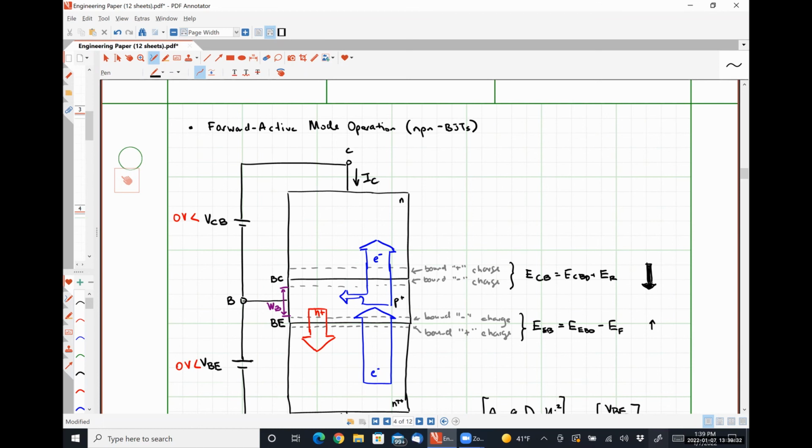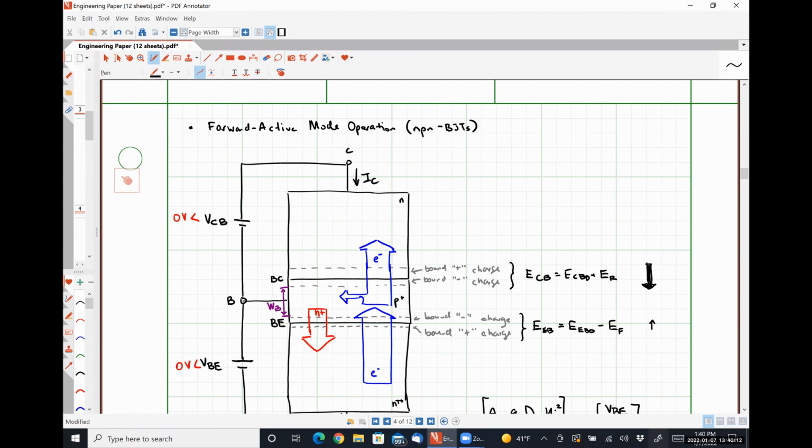So we have the positive polarity terminal of a voltage source connected to this base. We have a negative polarity terminal of a voltage source also connected to that same terminal. What the base terminal is doing is maintaining the level of hole diffusion from the base to the emitter while also maintaining the level of recombination occurring in the base so that the collector current is effectively a constant value.